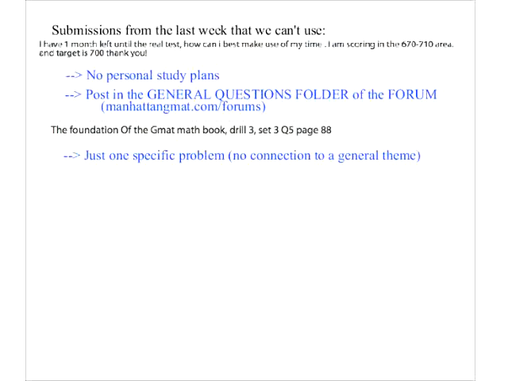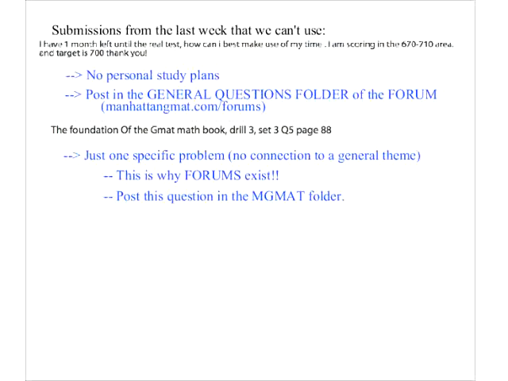This is exactly why forums exist: so that we can answer random specific questions. It's not the point of the study hall, so please don't submit things like this. This is an MGMAT book, so you would post this in the MGMAT folder.